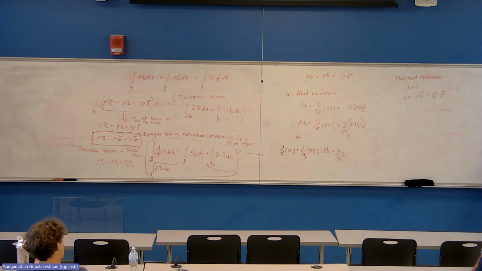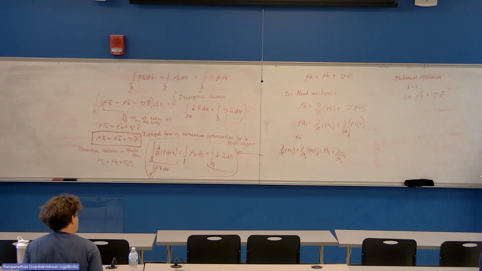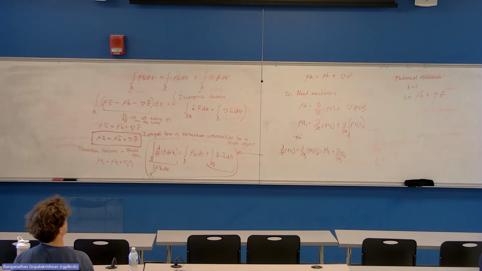Here's an exam question. If you are given this statement, how would you explain this statement in words? What does it mean? Rho B plus divergence of sigma equal to 0 at any given point. What is the interpretation?